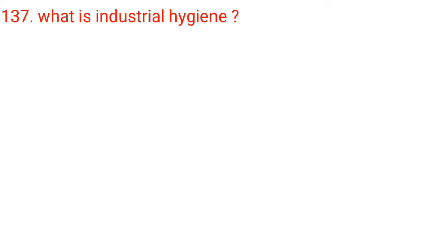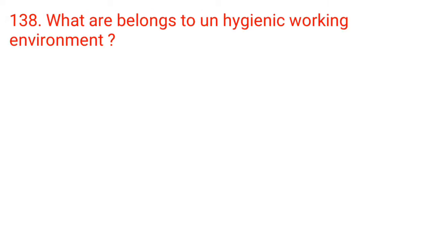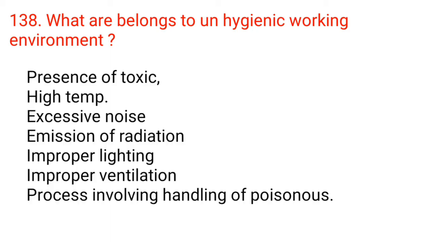137. What is industrial hygiene? Industrial hygiene is defined as the art and science of the preservation and improvement of the health and comfort of workers. 138. What belongs to an unhygienic working environment?